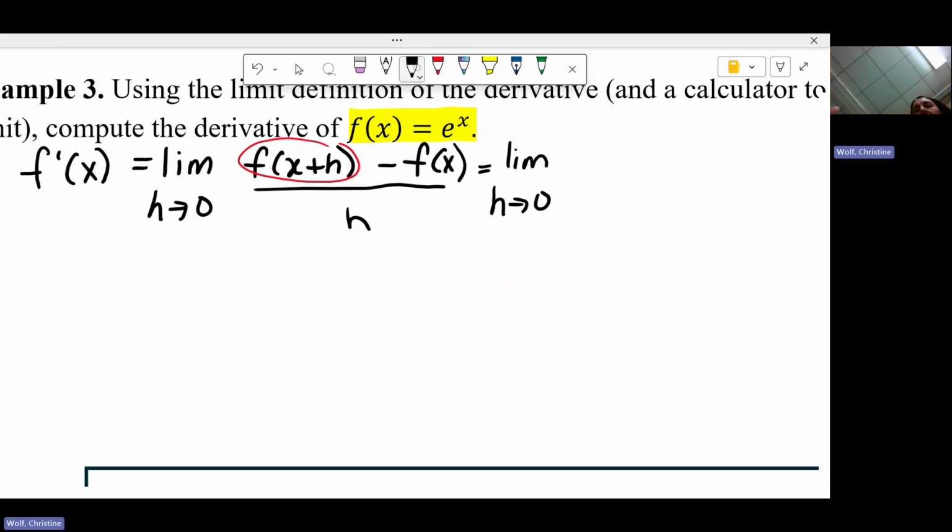So wherever there's an x in our function, our x gets replaced with the x plus h. Okay, that's that red part I've circled. Then I have to minus off my regular function unchanged, which we're dealing with, which is e to the x, and that's still all divided by h.